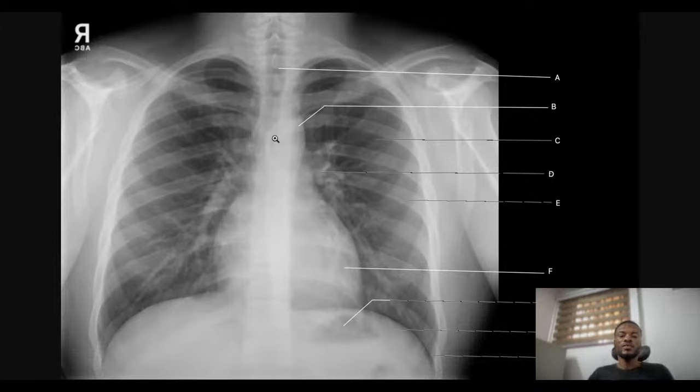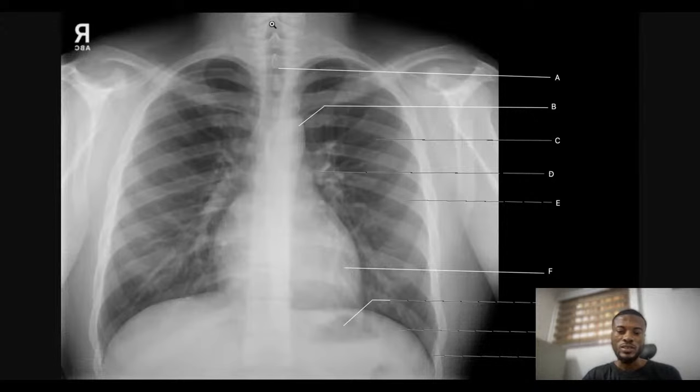Okay, so we have an image of a chest X-ray. We will start identifying some of the structures. Afterwards, I'll open one app and then type the names there. So pointing to the A, we have what? The trachea.